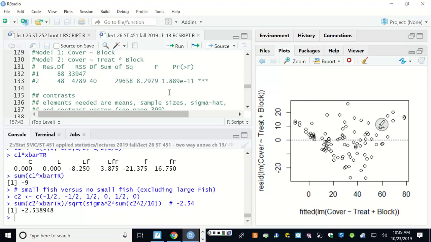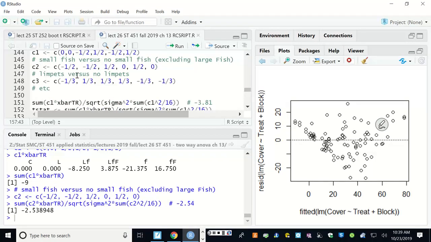The third one here is limpets versus no limpets. In this case, there were 3 that allowed limpets in and 3 that allowed them out. So instead of 1/2, I'm going to take 1/3. It doesn't really matter what those are, as long as the contrast weights for one side total the negative of the other side, so they add up to 0.